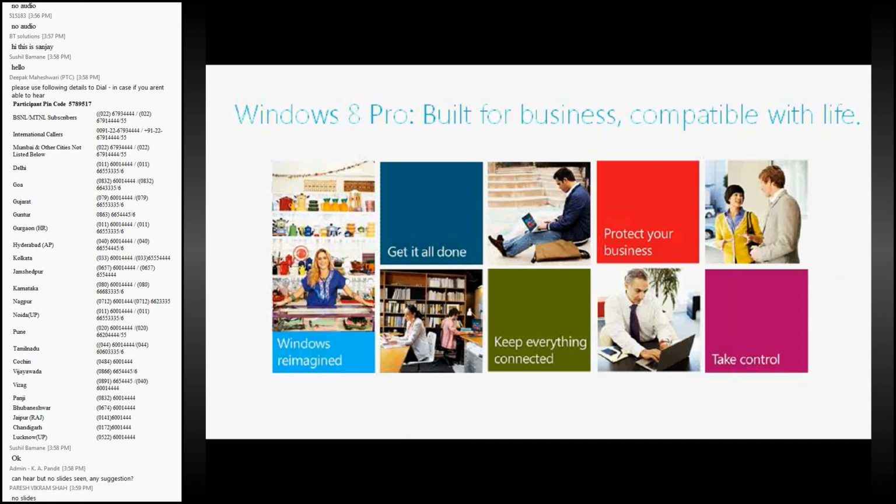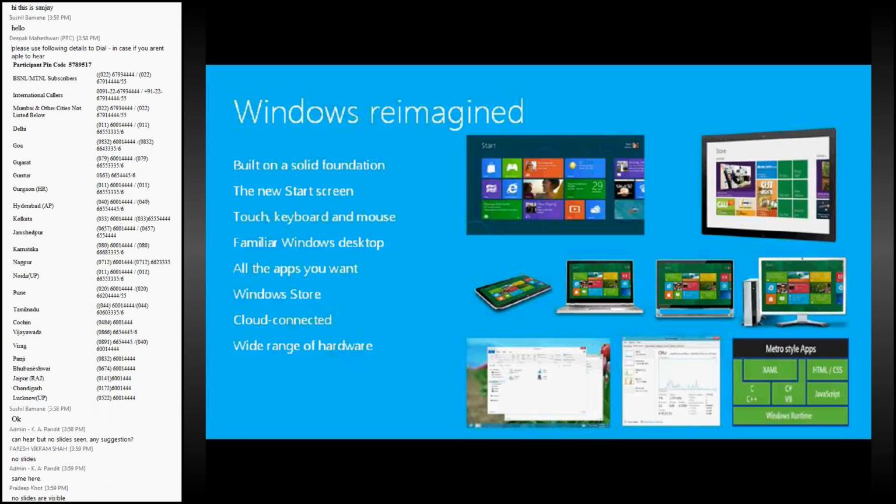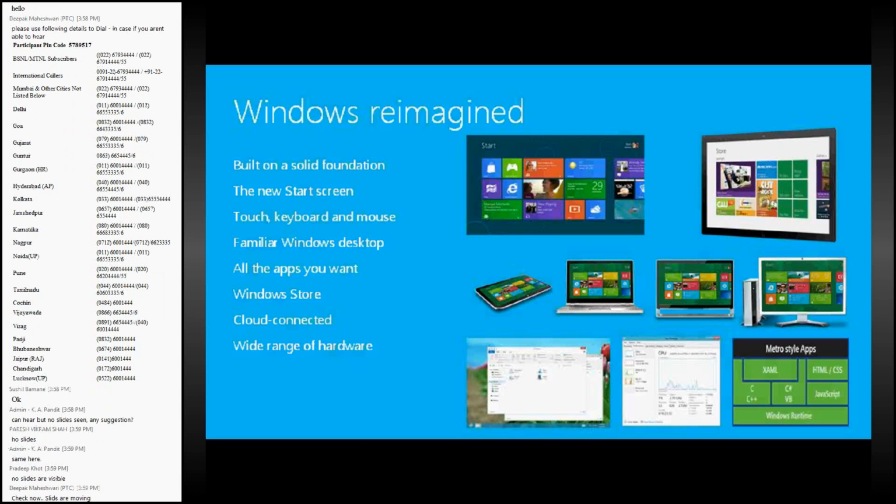So we thought of putting it across these 4 pillars: getting it all done, keeping everything connected, and at the same time protecting your business and taking control of your own business. Now let's walk through each of these pillars. The first one, Windows Reimagined.